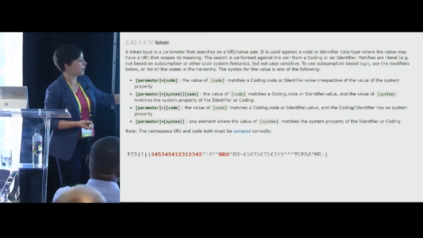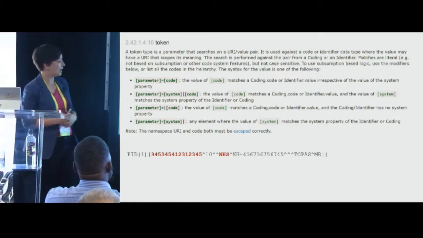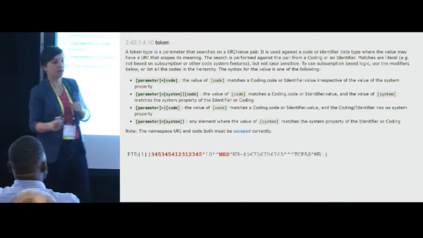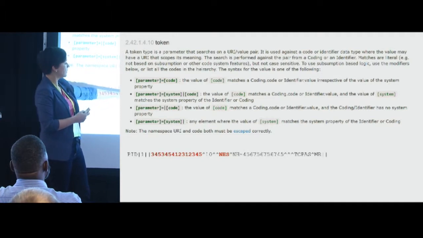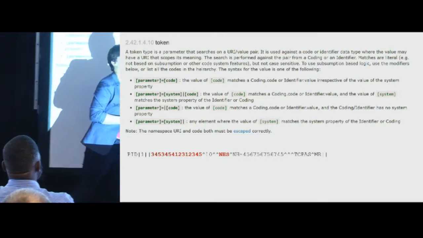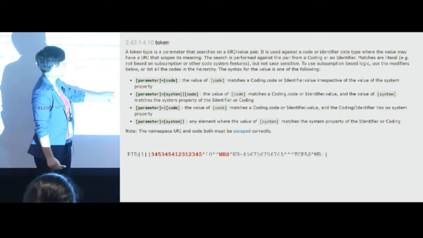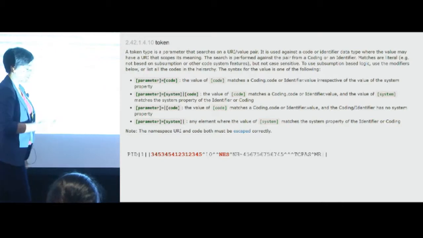In our current example, we actually have 2 identifiers. Apparently, our patient is from England because he has an NHS number, which is a national identifier that's used in England, Great Britain, only England, I don't know. And he also has a local identifier that apparently comes from a current hospital where this patient has been admitted. We can tell that from the fact that it's just a medical record number.